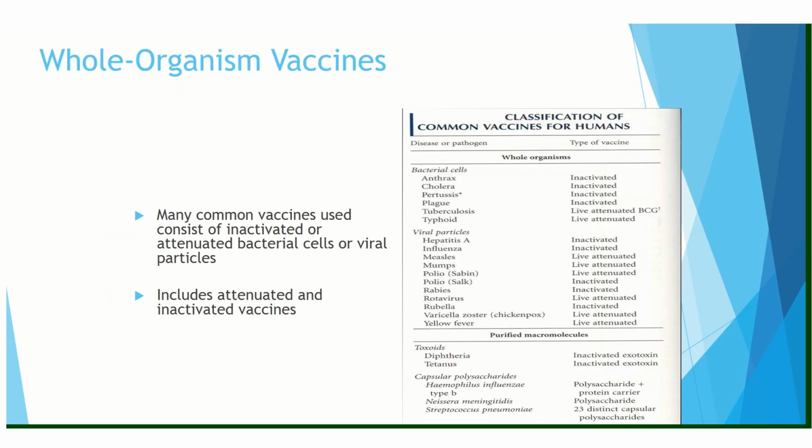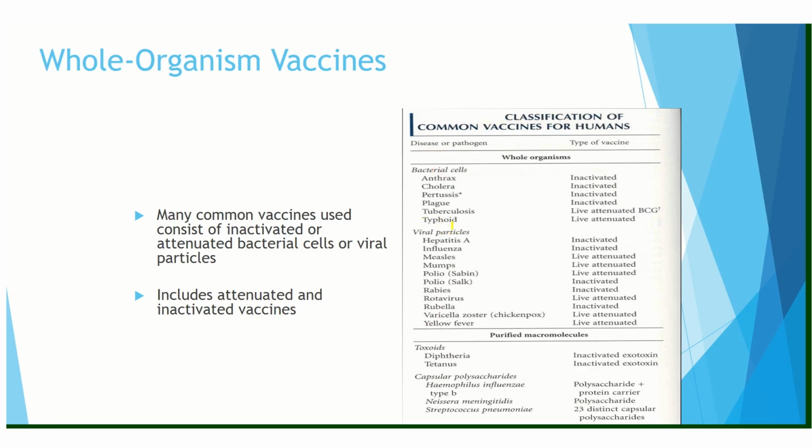Whole organism vaccine, what is that? For example, the whole organism that consists of bacterial cells, for example, anthrax, cholera, pertussis, plague, tuberculosis, typhoid.